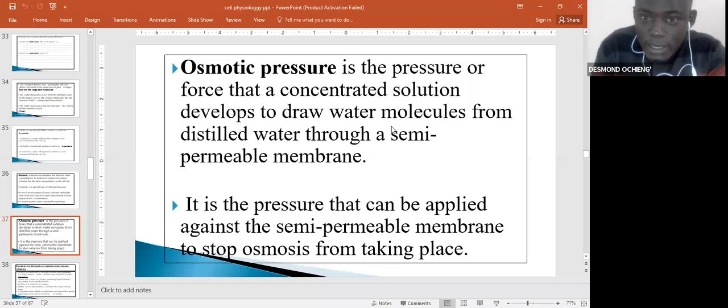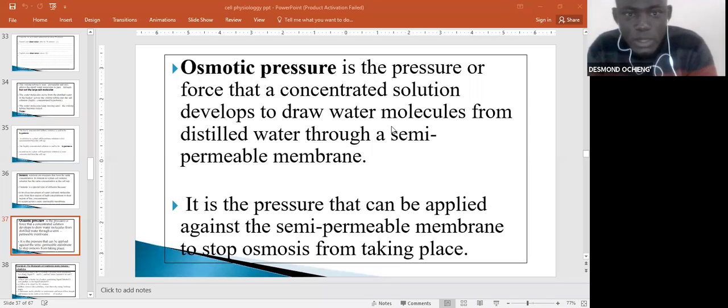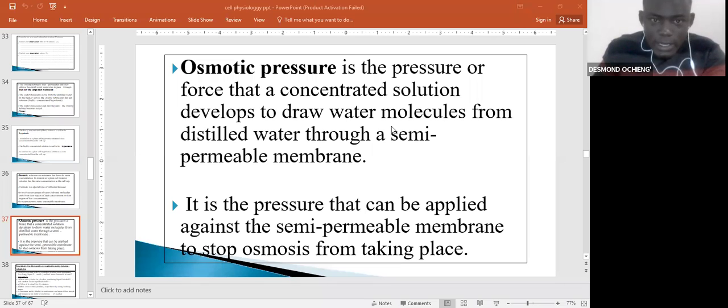Let me start by looking at the question that was asked by someone who is not using the official name here, asking what is the difference between osmotic? Okay, Clinton. Clinton said, should you say highly concentrated? No. David. Is it David O'Brien? Just a minute.